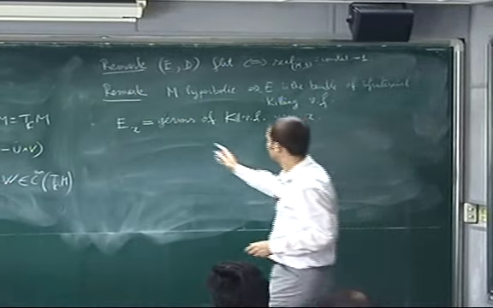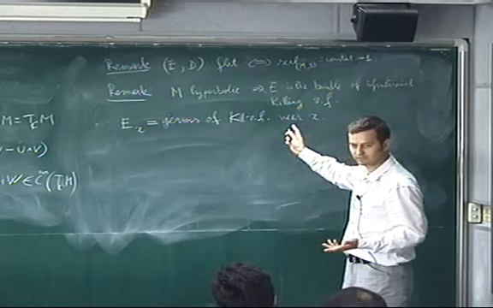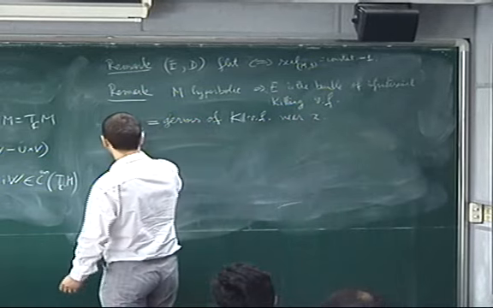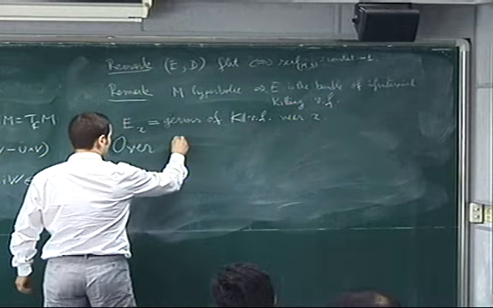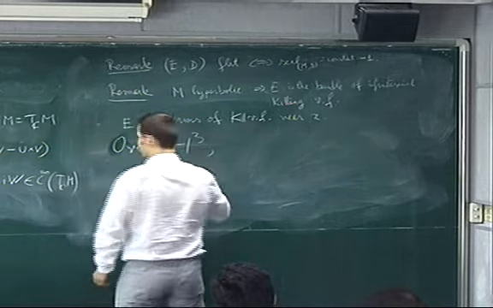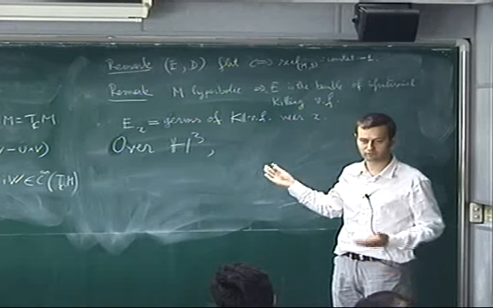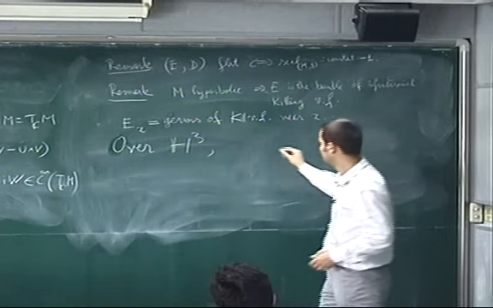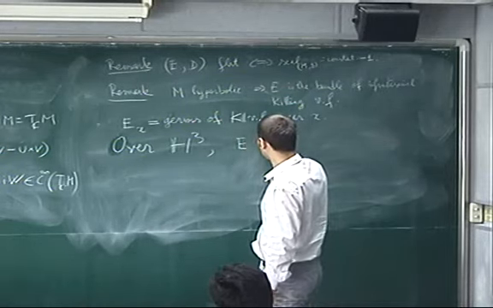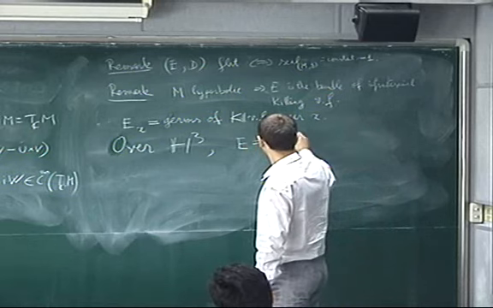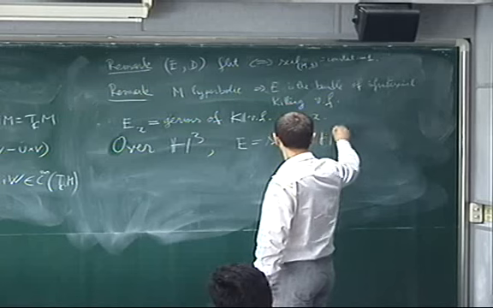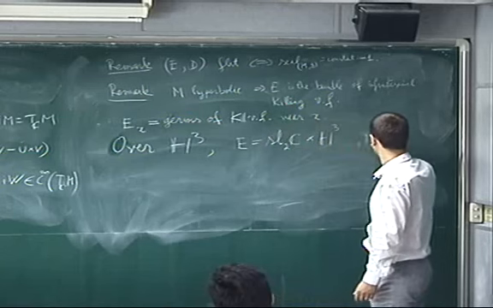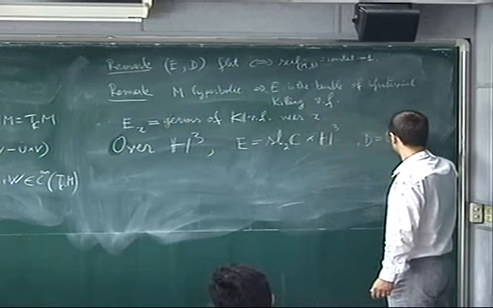Okay, so maybe this is not very clear, but E in fact, over H3, one can do this on any hyperbolic manifold, in particular on H3. Over H3, E is just SL2C cross H3, and D is trivial, the trivial connection.